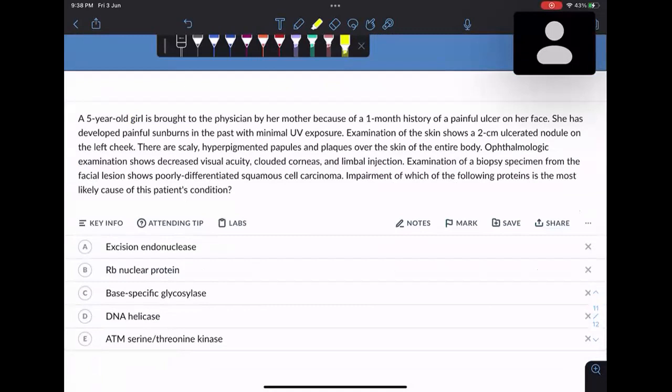A 5-year-old girl is brought to the physician by her mother because of a 1-month history of a painful ulcer on her face. She has developed painful sunburns in the past with minimal UV exposure. Examination of the skin shows a 2-centimeter ulcerated nodule on the left cheek. There are scaly hyperpigmented papules and plaques over the skin of the entire body.